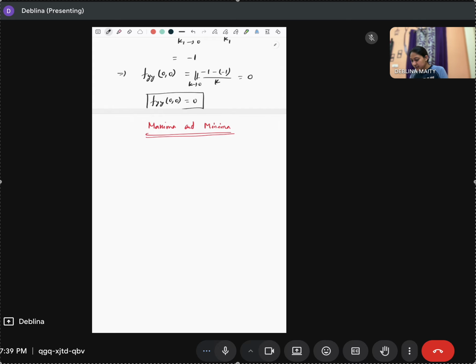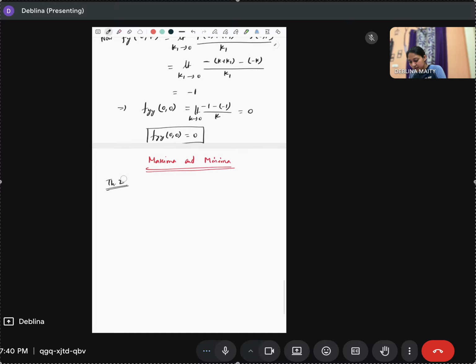So we'll start with a theorem. I've already written the theorem. Let A be a subset of R2.